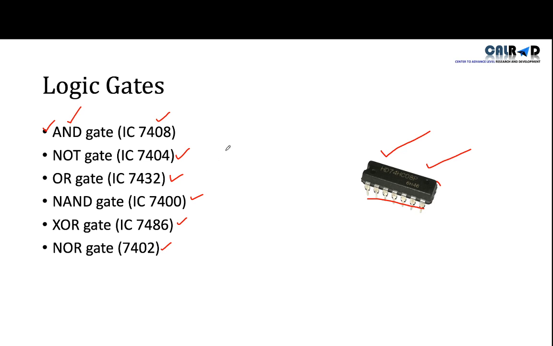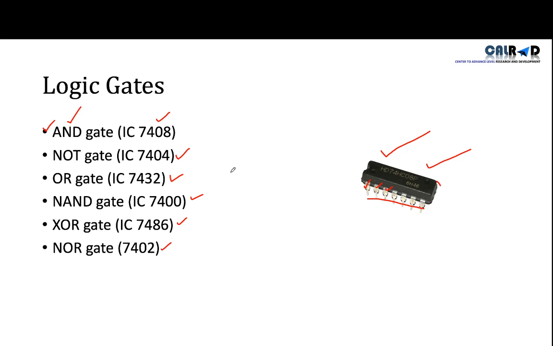In our DLD labs we will study all these ICs one by one. We will also discuss their diagrams, their working, and the working principle of each pin, because each pin is responsible for a different task. For the practical we will be using breadboards.